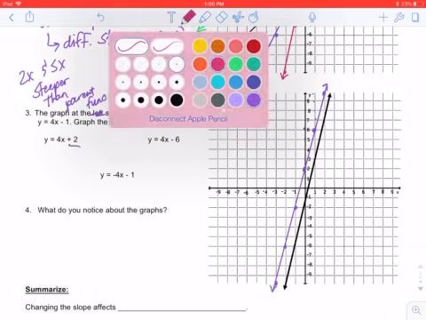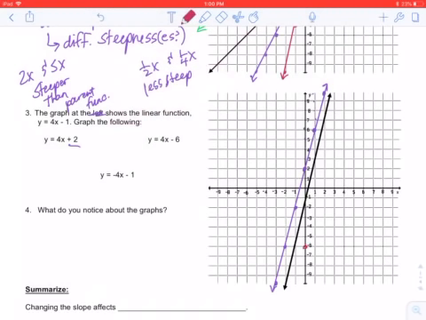y equals 4x minus 6. So the y-intercept here is negative 6. I'm going to do, again, a slope of 4. Okay.